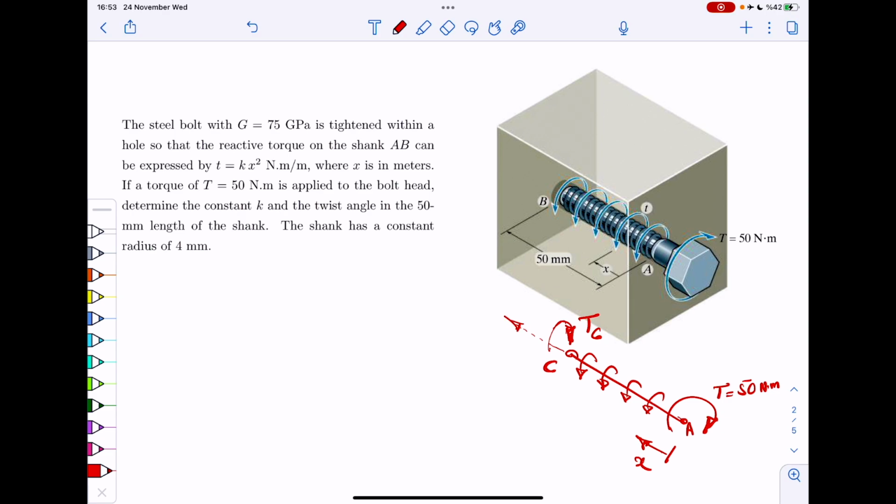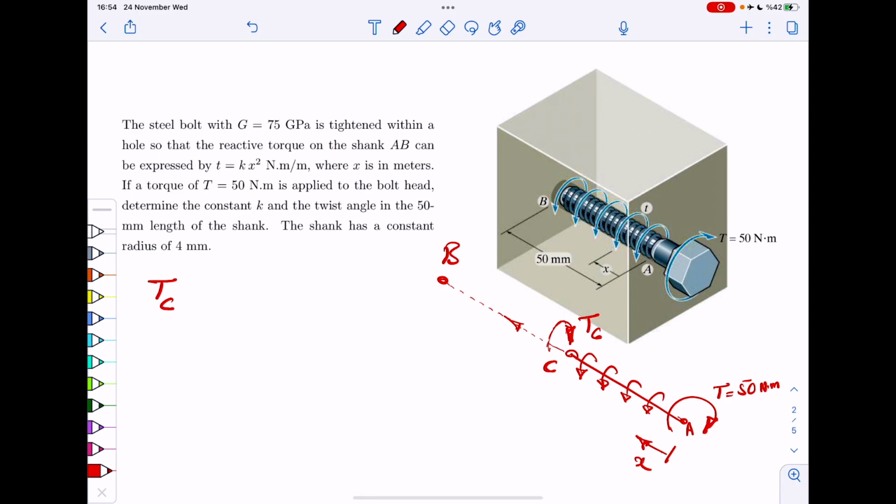Okay, so if you just write the equilibrium for this, what do we have? We have TC. Let's say this comes all the way here, and then we end up at B. So C is just a point at a distance x.